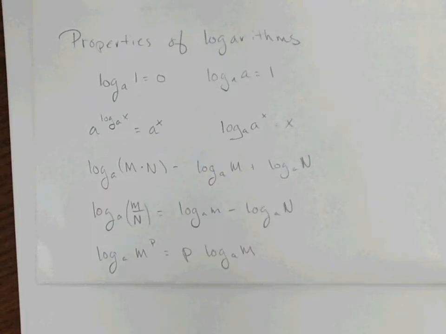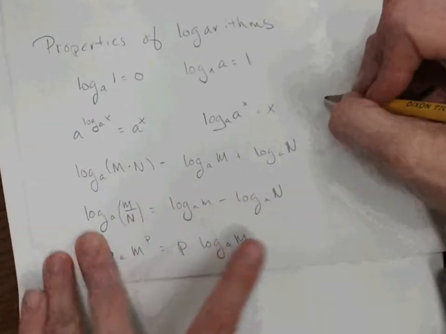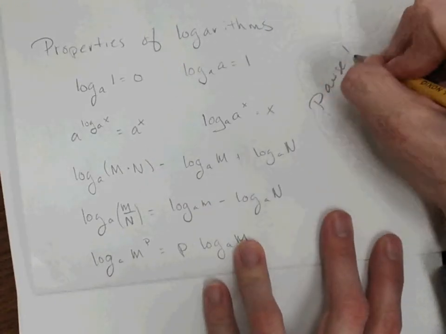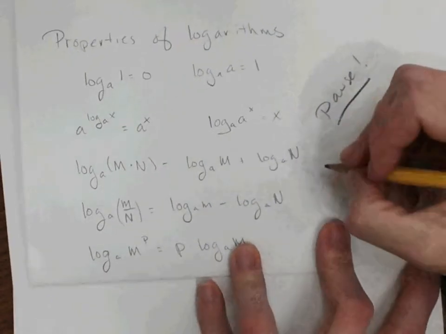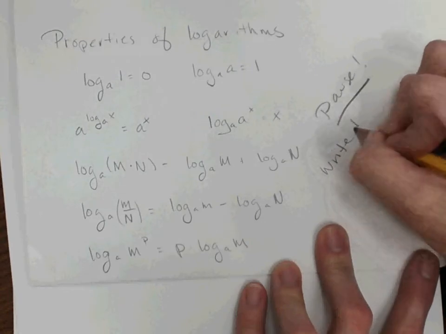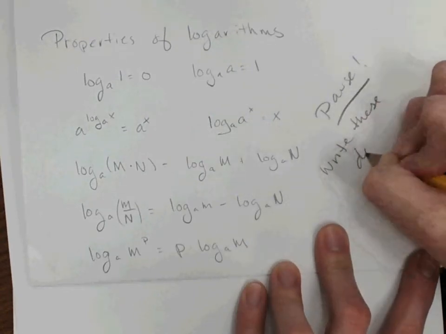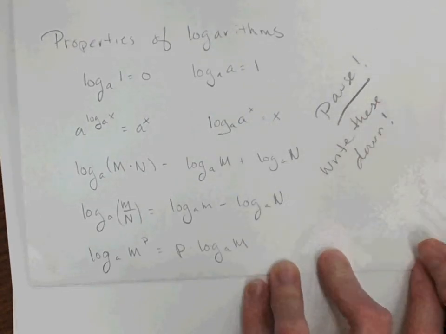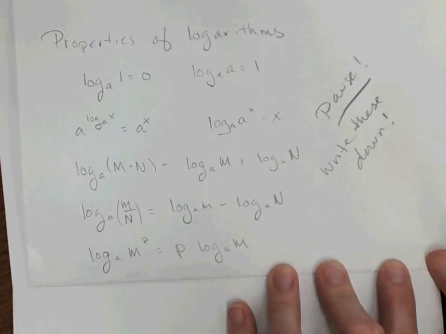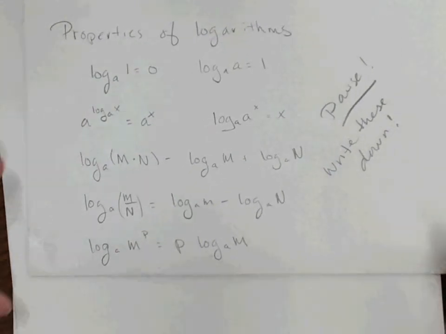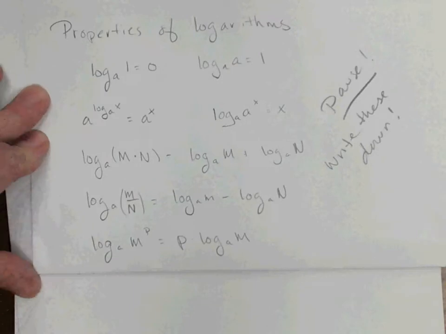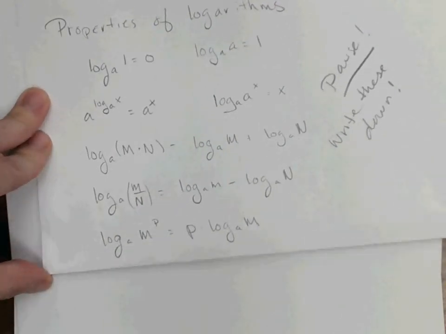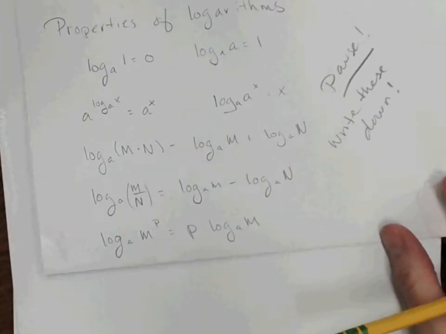That way you've got them written down, or you can pause and get these into your notes, which I would actually recommend more: push pause and write these down. That way you've got them handy. You can just flip back in your notebook and continue to use them, because we are going to be using them both in this lesson and in the next one to help us solve more complicated equations.